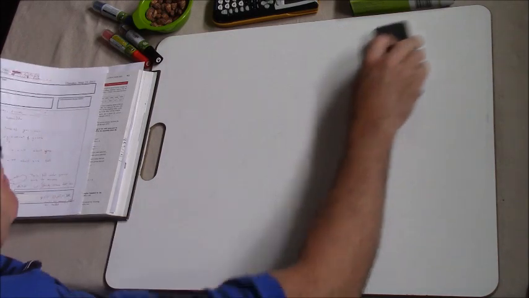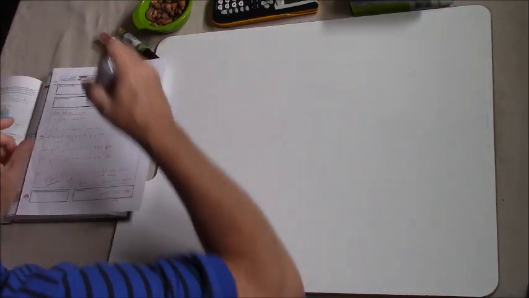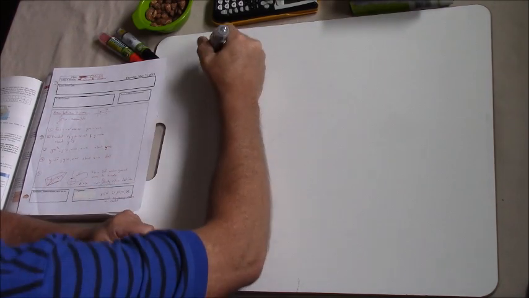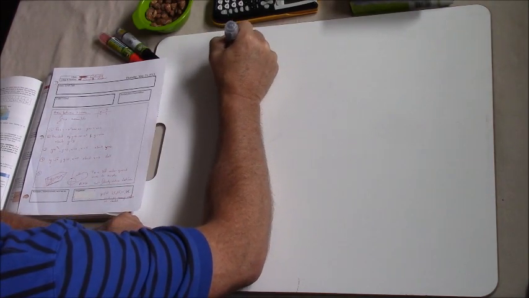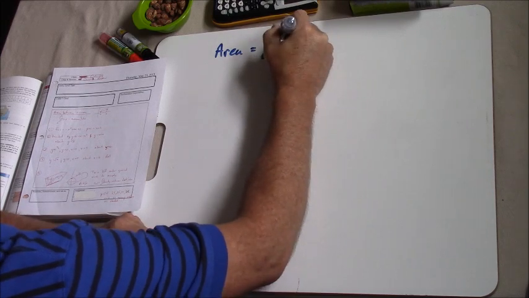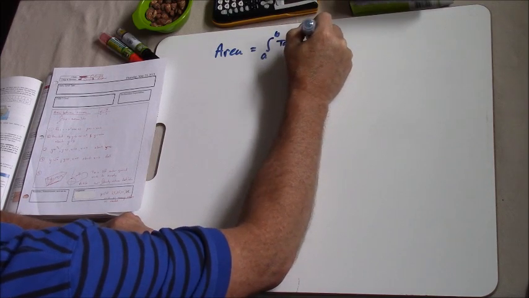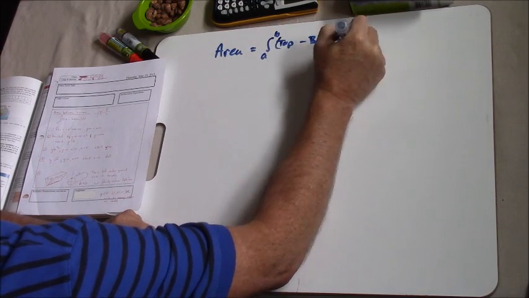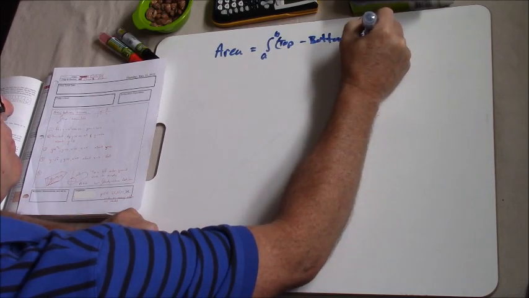So anyway, Chapter 7. Let's start with finding the area between two curves. If you remember, we said that the area equals the integral from A to B of the top curve minus the bottom curve, dx.